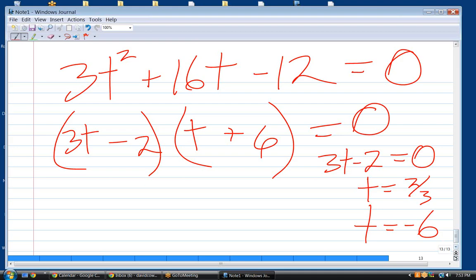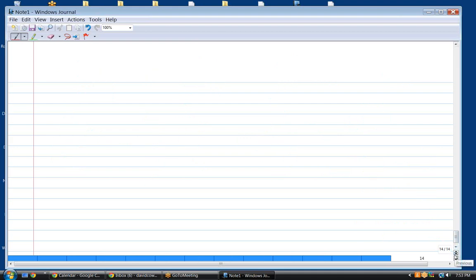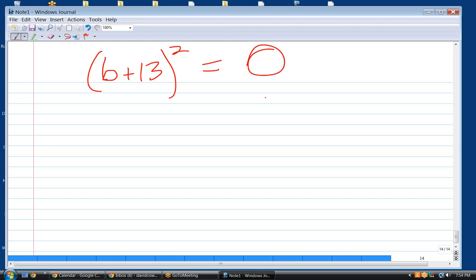Okay, this one is in parentheses, b plus 13 squared equals 0. This is pretty easy. Could you just jump to the thing and just do b equals -13?